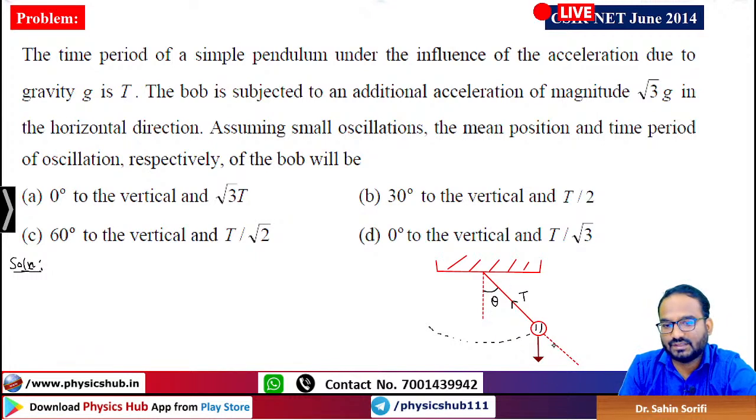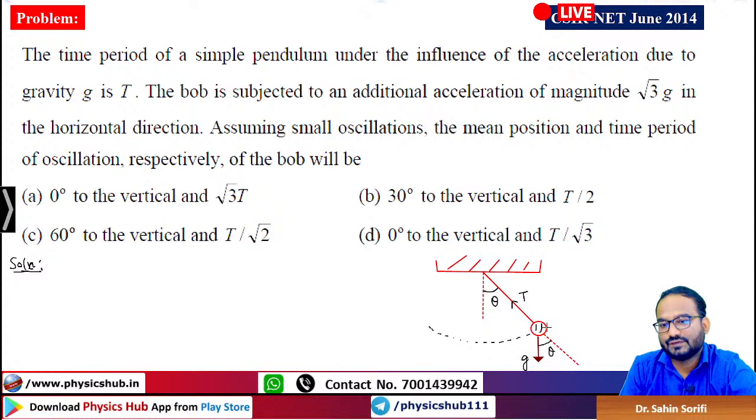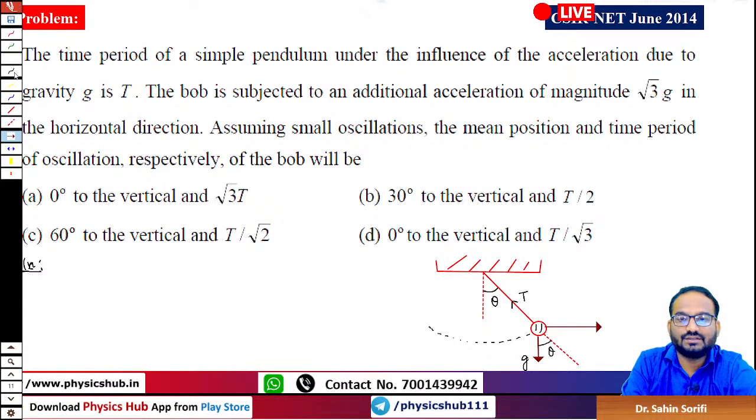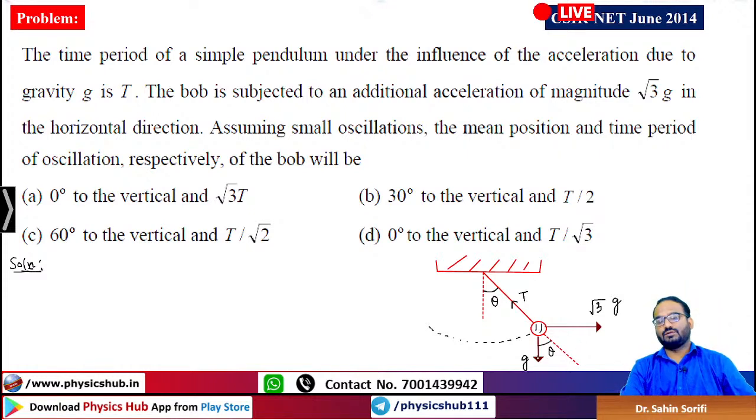If this is theta, this angle will automatically be theta, and this is your g. The bob is subjected to an additional acceleration of magnitude √3g in the horizontal direction. Which is the horizontal direction? This is your horizontal direction. So along this horizontal direction, √3g is given. Assuming small oscillations, find the mean position and time period of oscillation of the bob.